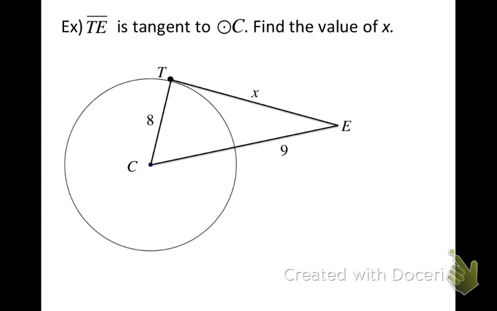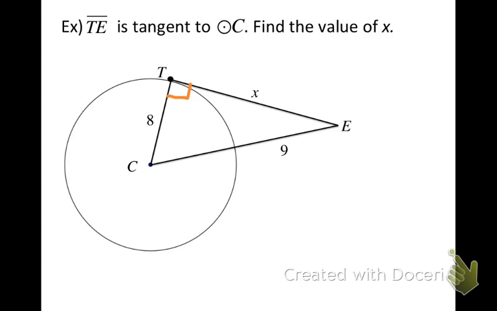And because we know that segment TE is tangent to the circle, and that this is a radius right here, we know that this is going to be a right triangle. And so whenever you have right triangles, the Pythagorean theorem often comes into play, and that's going to be the case here as well. Now, I've done a little bit to trick you here, but I hope I haven't done too much.